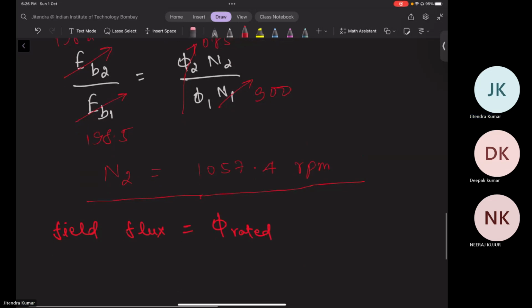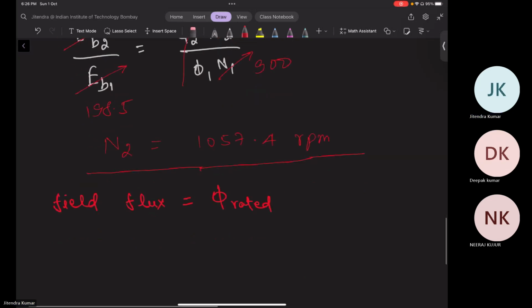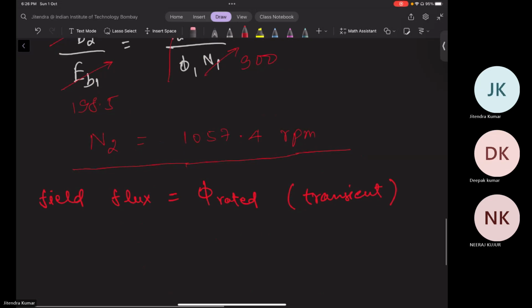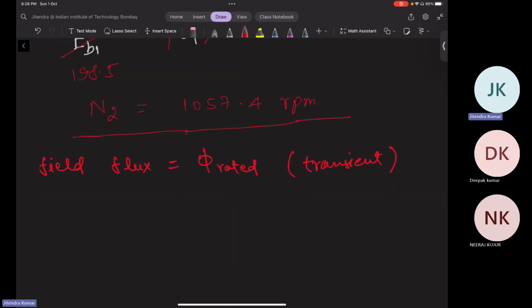What will happen now? During the transient, it is a transient based question. Your speed will be the same, and your flux will be increased. Now what will happen? You have to follow the same pattern. What is the first thing we will do?